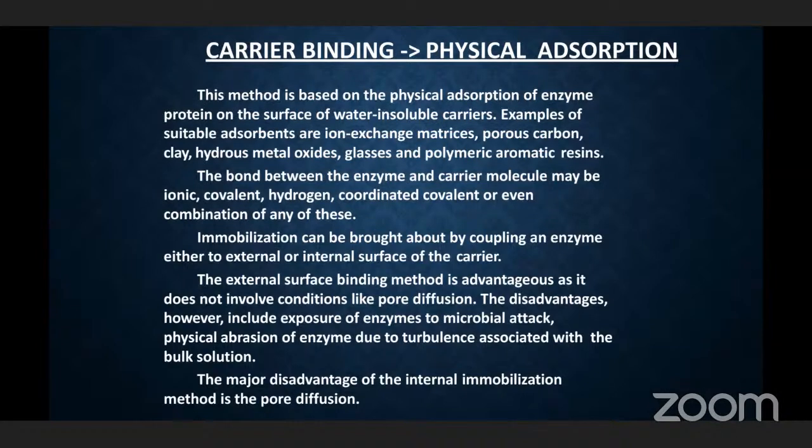The immobilization can be brought about by coupling an enzyme to either the external or internal surface of the carrier. The external surface binding method is advantageous as it does not involve pore diffusion. But the disadvantages include exposure of enzymes to microbial attack, physical abrasion of enzymes can happen, and turbulence can be formed. The major disadvantage of internal immobilization is pore diffusion.